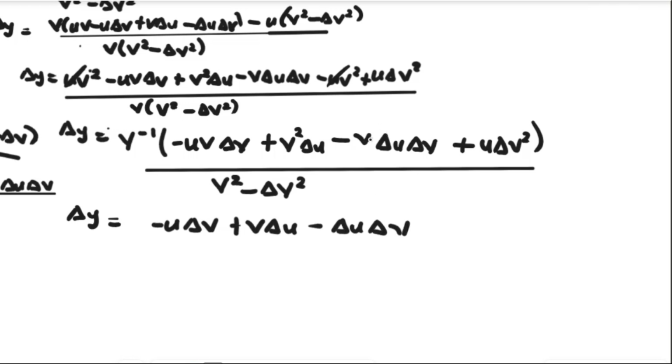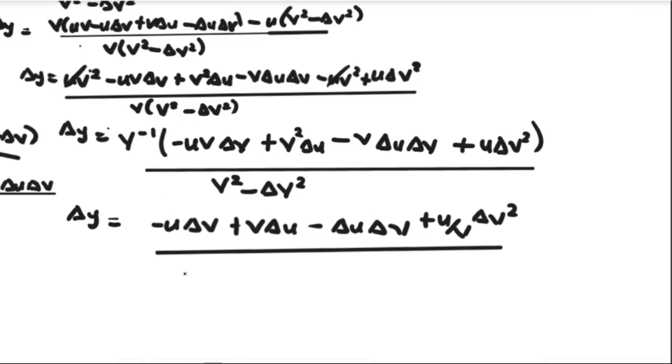The v will cancel this out also, plus u over v delta v squared, which is going to be divided by v squared minus delta v raised to power 2.